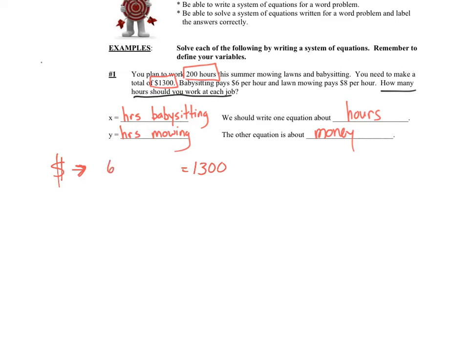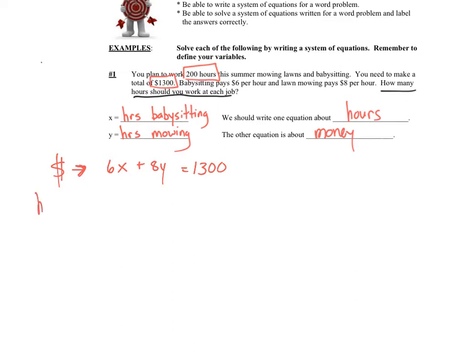So $6 times X, because X is hours babysitting. Plus, we get paid $8 per hour for mowing lawn, so 8Y. So if I read this equation, 6X means 6 times hours babysitting, plus 8Y, which is 8 times the hours mowing. And you want to make $1,300.